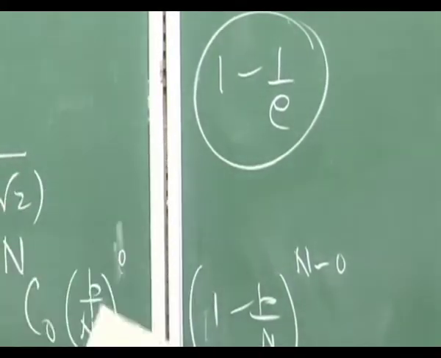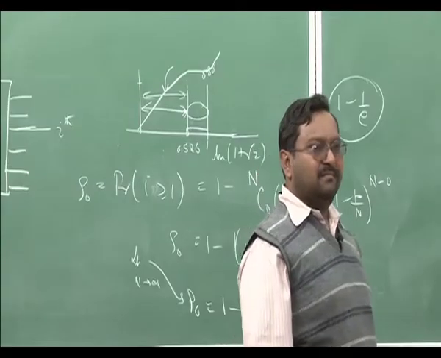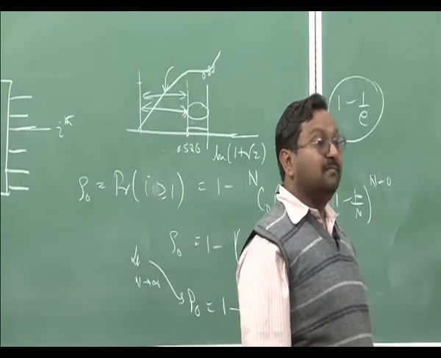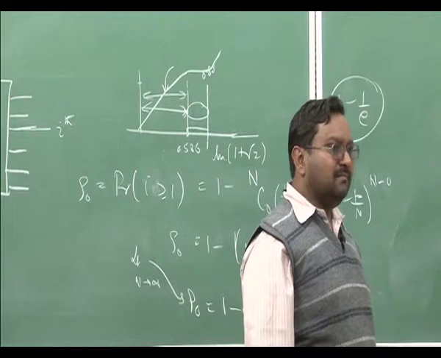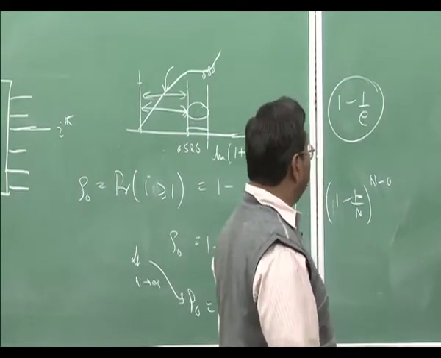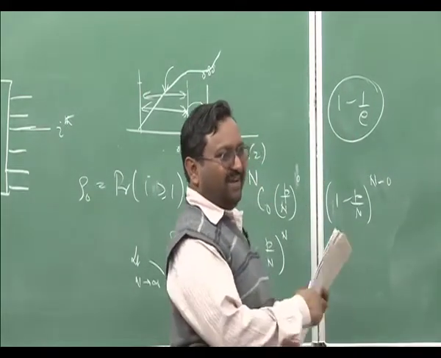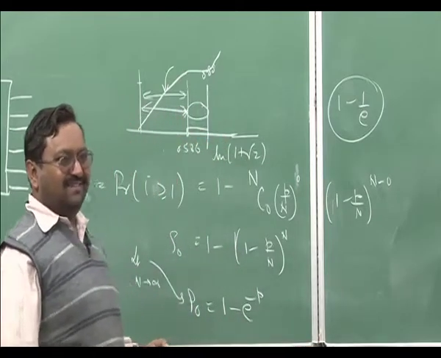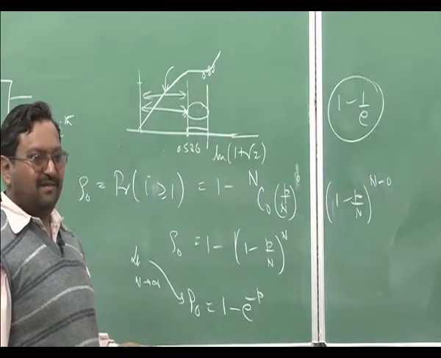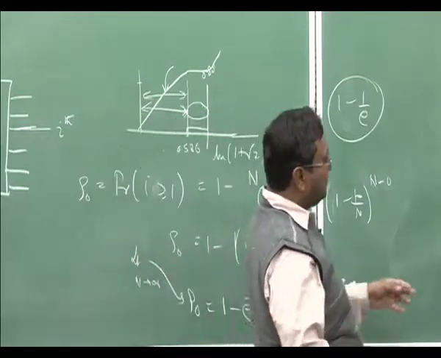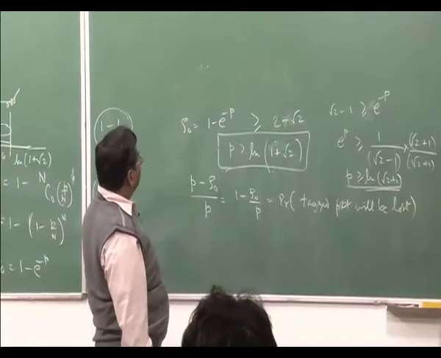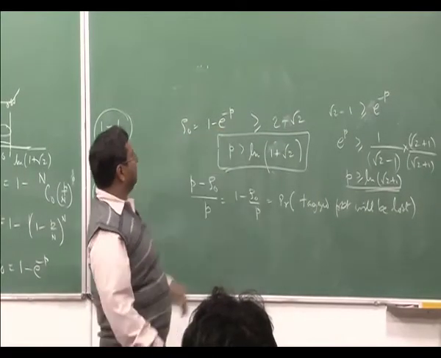What is this value? 1 minus 1 over e? 0.63. So how come this value is 0.63? Oh, this is rho naught, that is, p equal to 1.